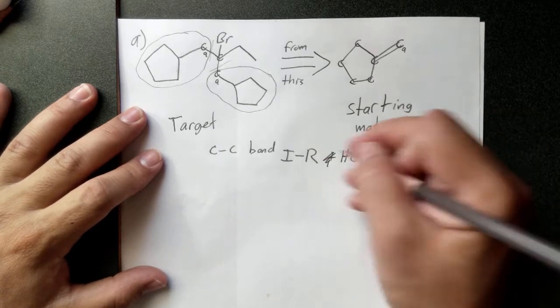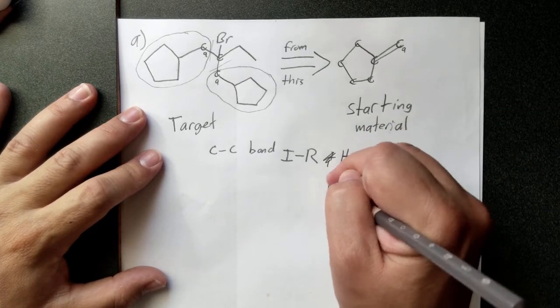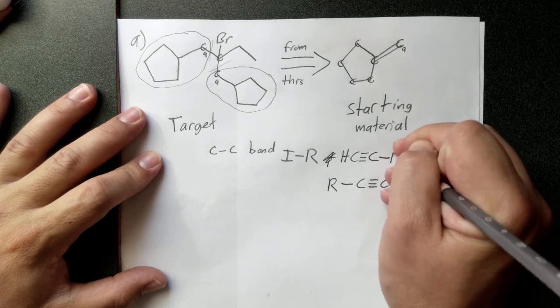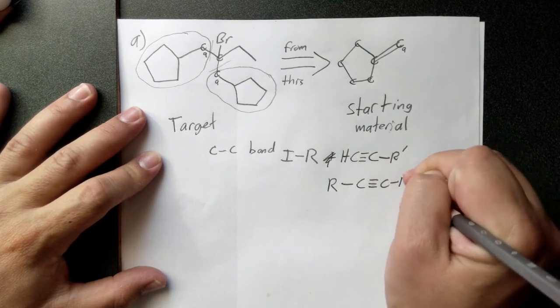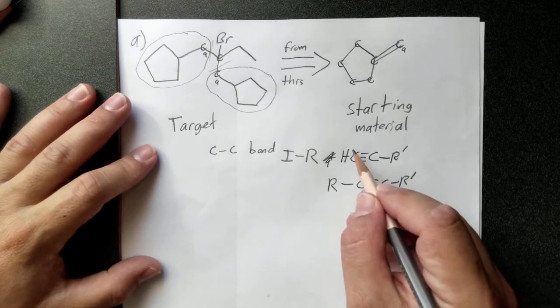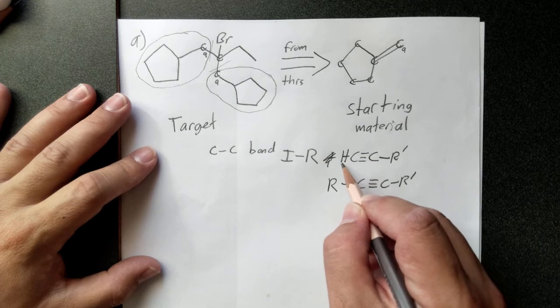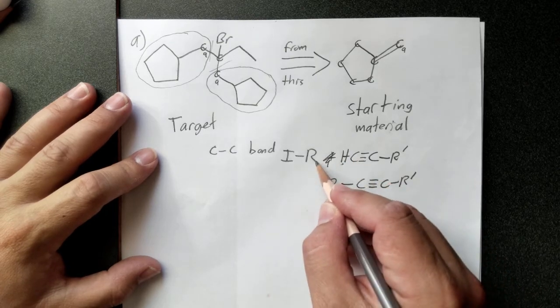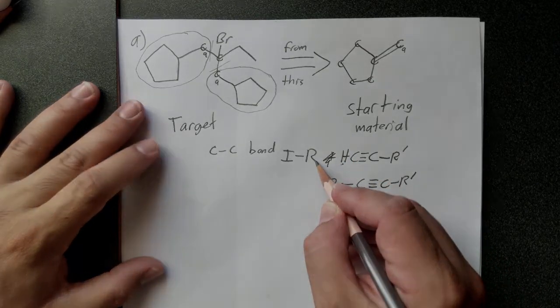I don't want to put plus, but we can kind of connect these with a reaction. Arrangement where we add a really strong base to deprotonate this terminal hydrogen on the alkyne, and then that acts as a nucleophile on your alkyl halide.